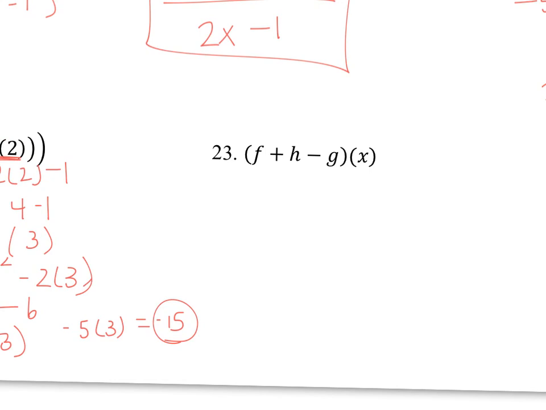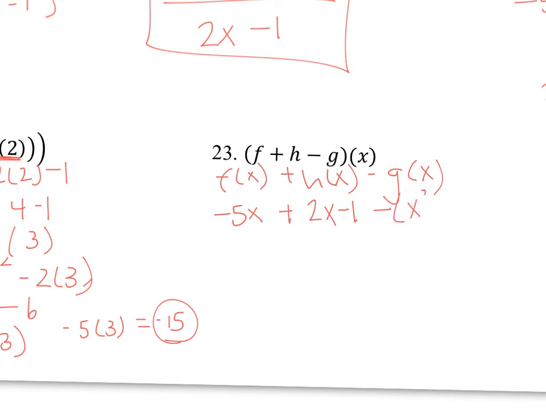23. I want to do f of x plus h of x minus g of x. f of x is negative 5x plus h of x is 2x minus 1 minus g of x, which is (x squared minus 2x). Notice I put g of x in parentheses because when you subtract, you have to put it in parentheses so your brain remembers to distribute that negative to everything you're subtracting.